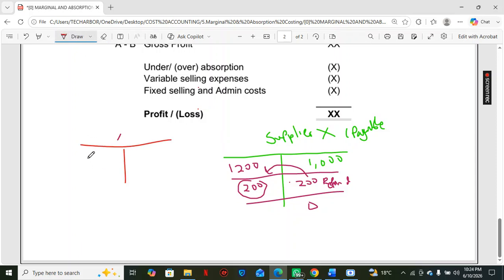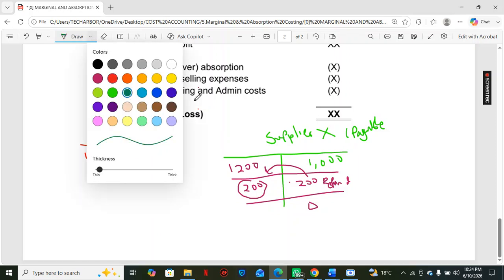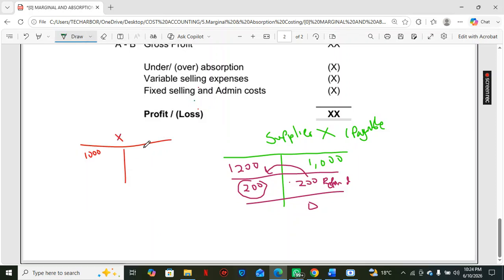A customer owes you, let's say, 1,000. Then they come to pay you. Okay, so they overpay you. Let's say they overpay you 1,200.